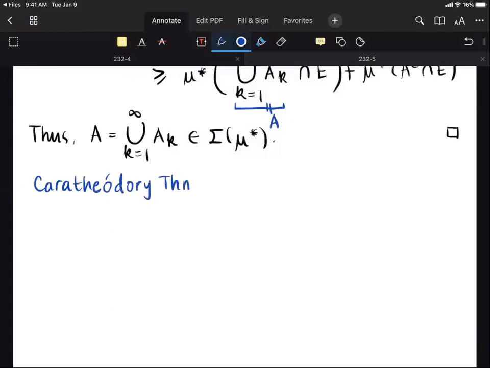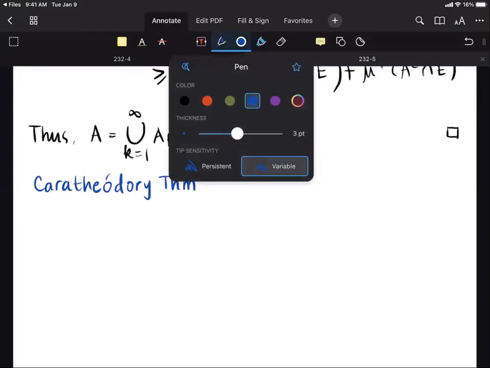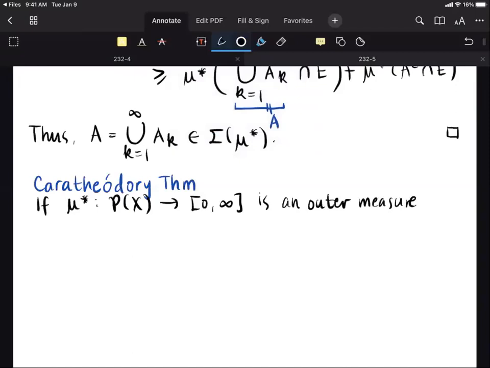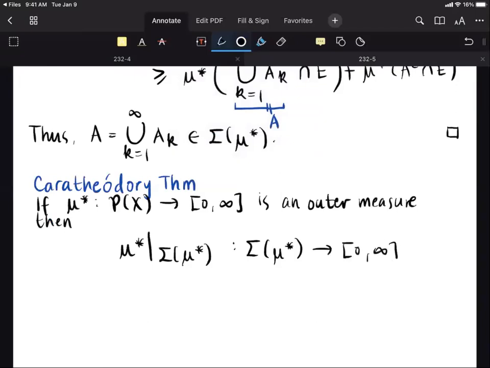So this is the Carathéodory theorem for outer measures. If mu star is an outer measure, then if we consider the restriction of the outer measure to the measurable sets, which we know from the previous theorem is a sigma algebra, then this is a measure.